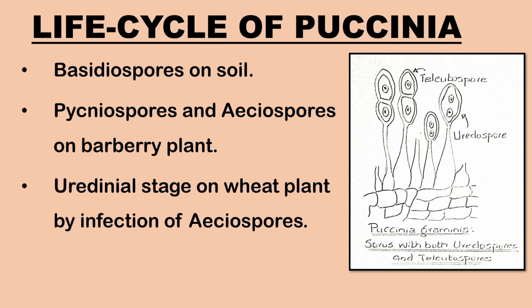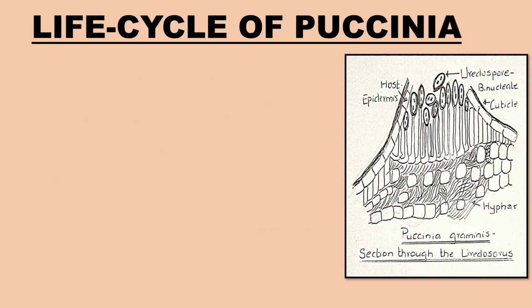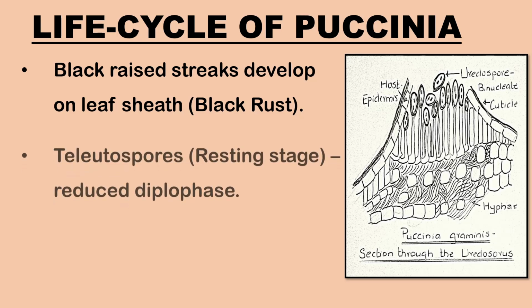The uredineal stage on the primary host wheat plant is formed by the infection of aeciospores. The binucleate uredospores are formed in groups called uredosorus. Towards the end of the growing season, from the uredia develop teliospores. Black raised streaks develop on the leaf sheath and hence the name black rust.